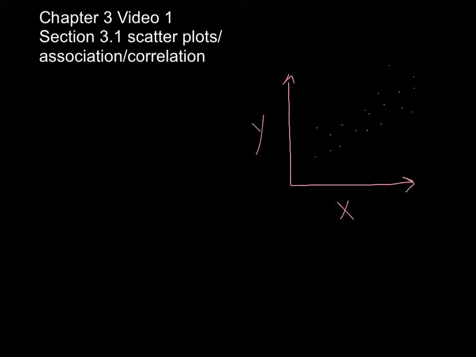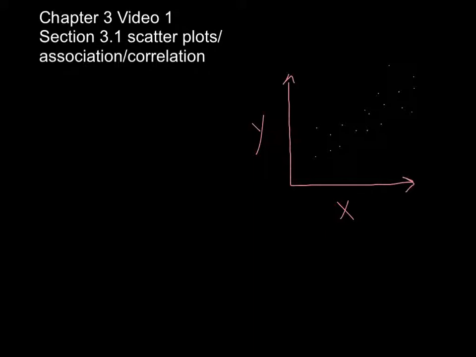Alright, chapter 3 is all about looking at the relationships between two quantitative variables, and remember from chapter 1, those are variables that would make sense to use arithmetic operations on to find an average. Your book uses the term bivariate, bi just meaning two. So we have two quantitative variables, an explanatory and a response. In class, we looked at the amount of rain versus the weed growth in your yard.